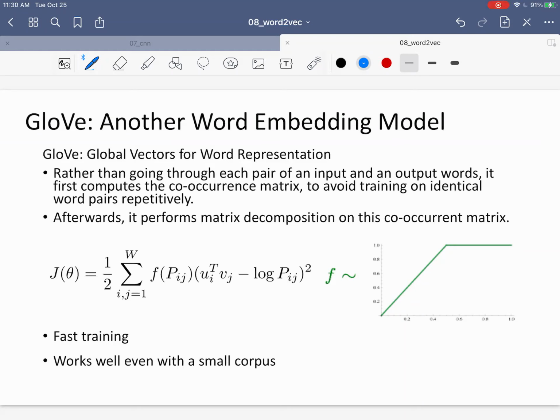Because of that, researchers at Stanford came up with another algorithm called GloVe, which is based on the term document matrix. You remember the term document matrix, right? There's a term axis here and a document axis here, and each cell is occupied by the number of times each term occurs in the document.